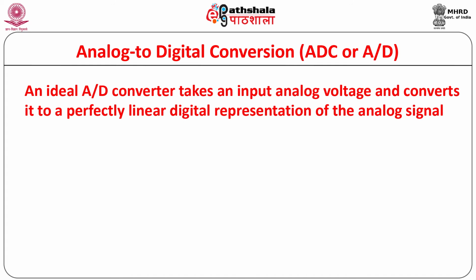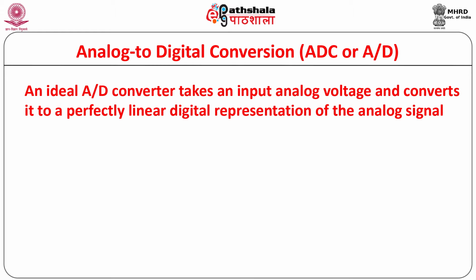An ideal AD converter takes an input voltage which is in analog form and converts it into a perfectly linear digital representation of the analog signal. Such a digital representation is usually in the form of 0s and 1s.